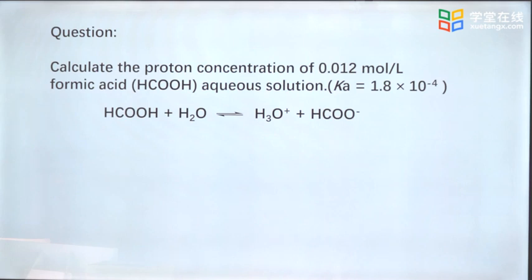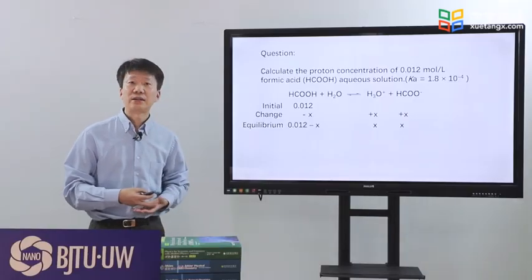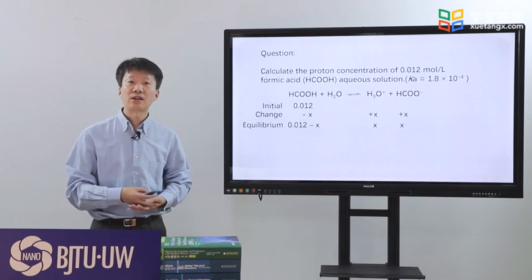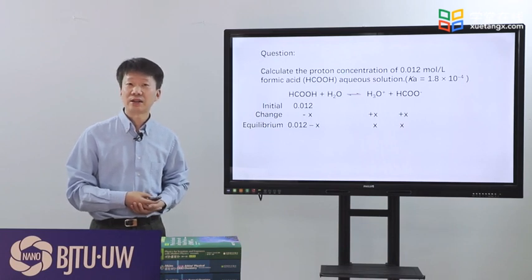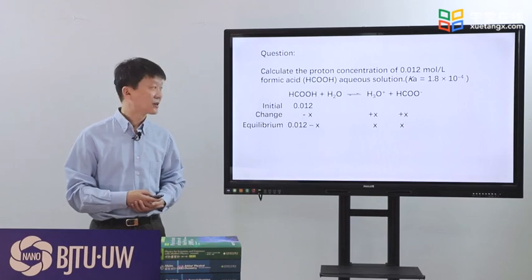Then we use a tabular approach to show the concentration change in the process, assuming X moles per liter are converted. Then at equilibrium, the concentration of formic acid is 0.012 minus X. The proton is X. The anion is X.